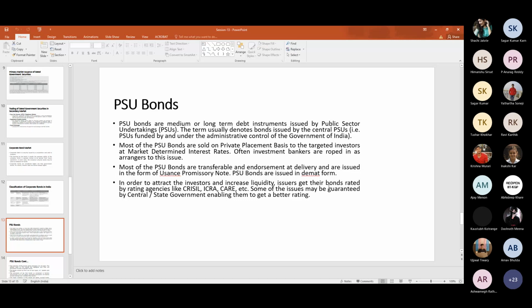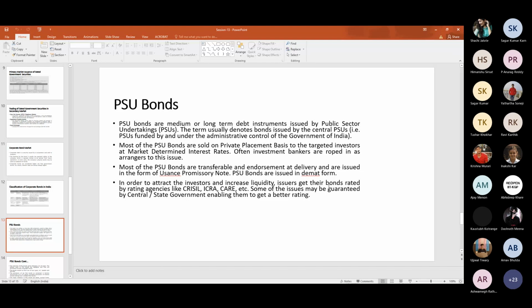Nowadays, to attract investors and to increase liquidity in the market, rating agencies like CRISIL, ICRA, CARE, who provide ratings to companies and bonds, are also giving ratings to these PSU bonds. Looking at the ratings, investors may be attracted to invest in this kind of securities.